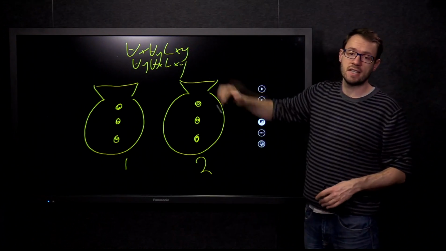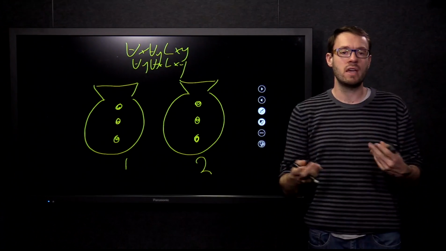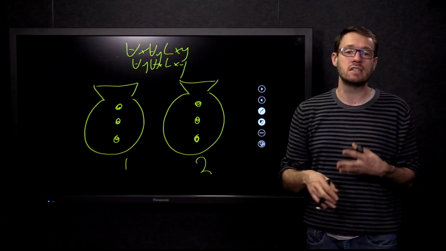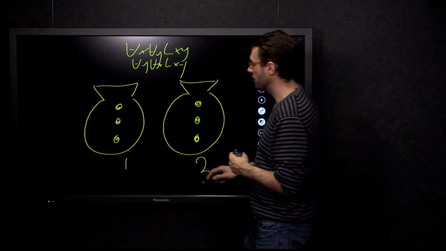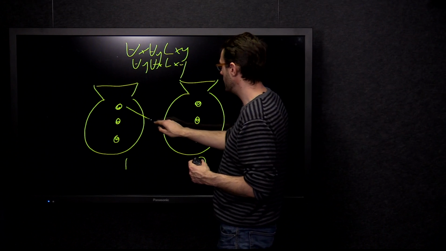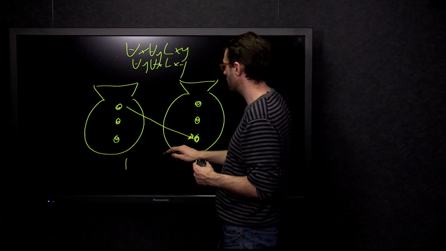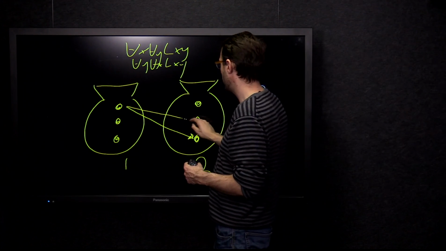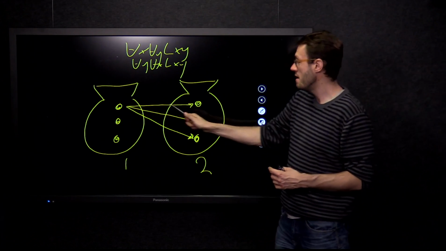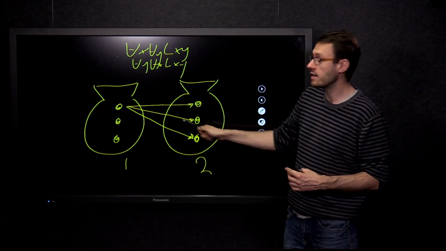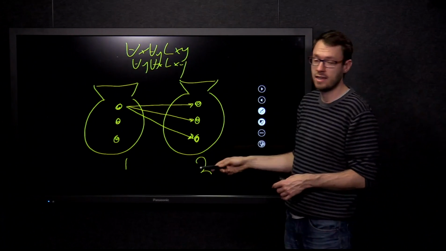Now, if we look at this first sentence, what it's saying is that no matter what we pick the first time, and no matter what we pick the second time, that first thing is going to love the second thing. So here's our first pick. What that means is that that first pick is going to love that thing. If we pick this thing the first time, then no matter which of these things we pick the second time, this first thing is going to love those things.